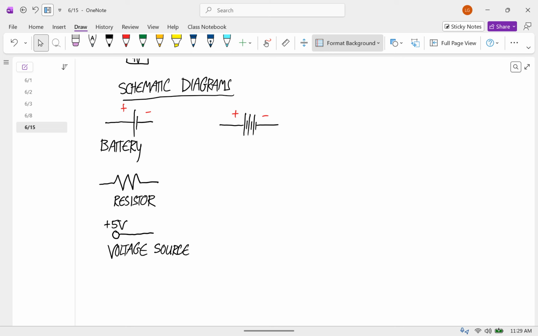When you're using a voltage source, that's always in reference to some ground somewhere. The symbol for a ground is sort of a Christmas tree thing like this. If you have a circuit that has a voltage source and a ground in it, then that's enough information to figure out the voltages for the things.